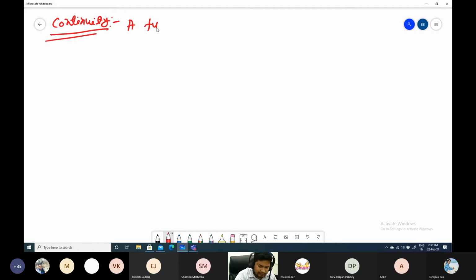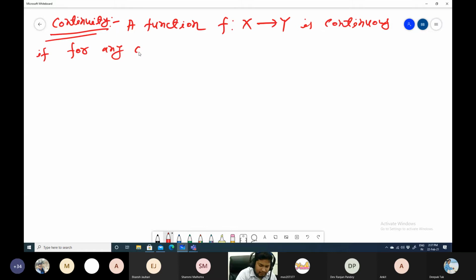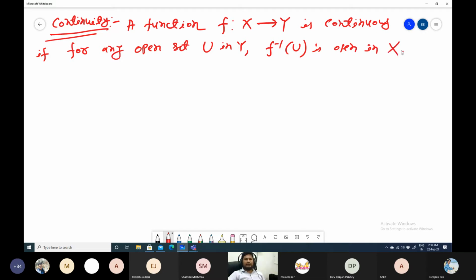A function f from X to Y is continuous if for any open set U in Y, f inverse U is open in X. So we will use this definition of continuity.